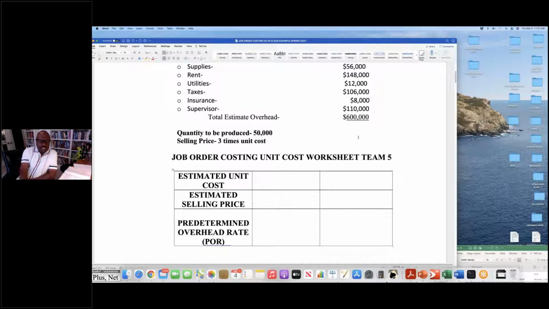So what I'm going to suggest is when I give you this problem, you break the problem up. But everybody does this at the beginning. So each team member completes this worksheet on unit cost, selling price, and predetermined overhead. And you come to a consensus of what these numbers are, and then go to the rest of the problem.